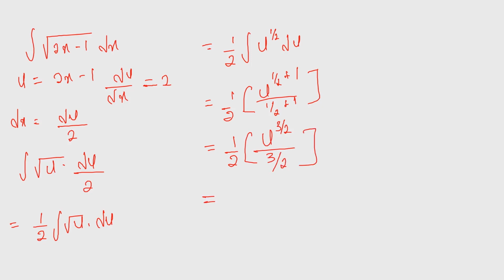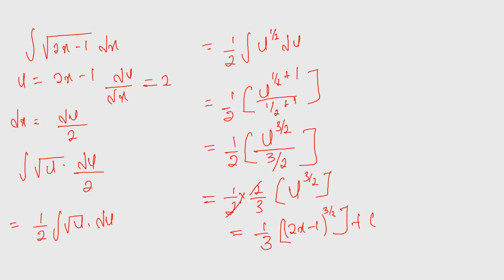If you take out this constant 2, you are going to have 1 over 2 multiplied by 2 over 3 into u raised to the power of 3 over 2. You are going to have 1 over 3. Then your u, don't forget, is 2x minus 1, raised to the power of 3 over 2, plus c. So finally, you have 1 over 3 multiplied by 2x minus 1 raised to the power of 3 over 2, plus c.